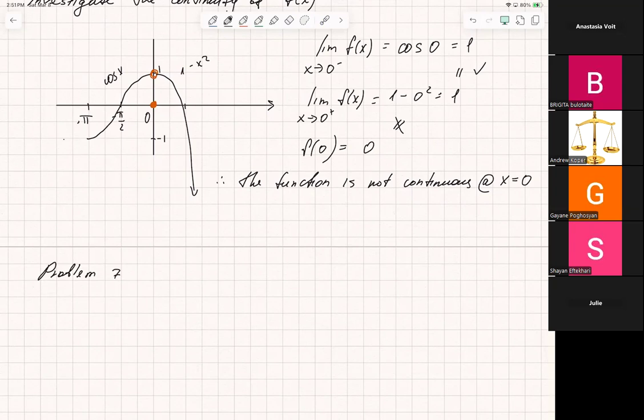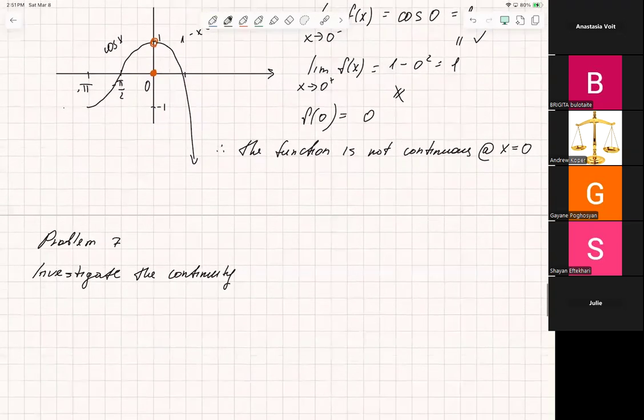Next question is problem 7. We have here, again, investigate the continuity for the following function, or actually, no, not this one.